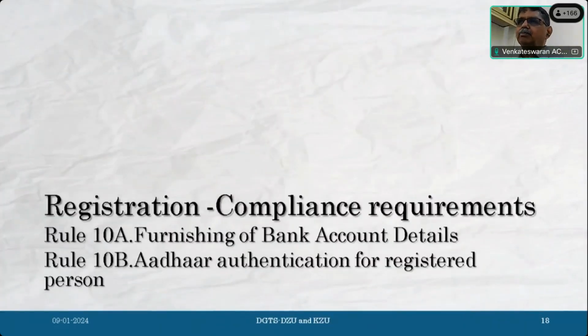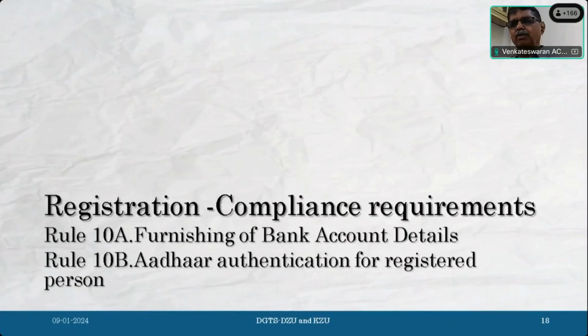I am not going into the many details that are required, what form is required, what photograph is required. Now, some of the very important compliance requirements are the furnishing of bank account and Aadhaar authentication. And now we have also started geo-tagging.